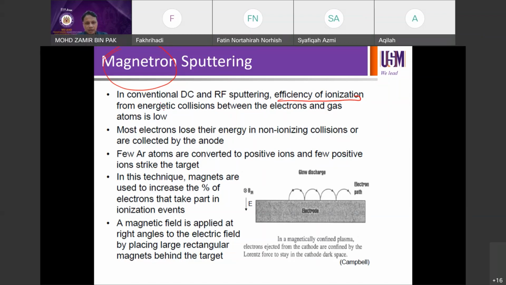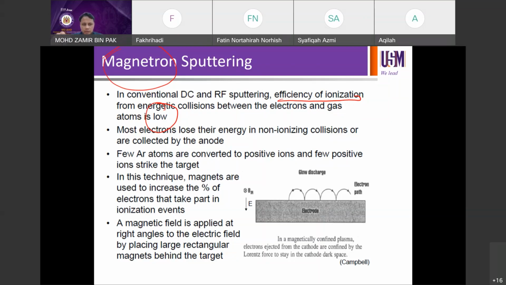But then the ionization efficiency is low, so that means the process of ionizing argon into argon plus always results in low efficiency. Maknanya tak semua you can ionize lah, right? So most electrons lose their energy in non-ionizing collision or are collected by the anode. Okay, electrons are lost.